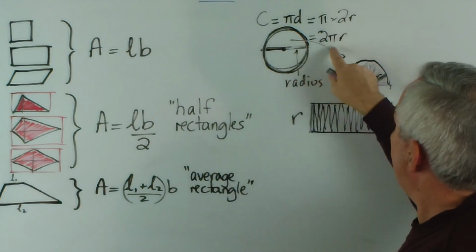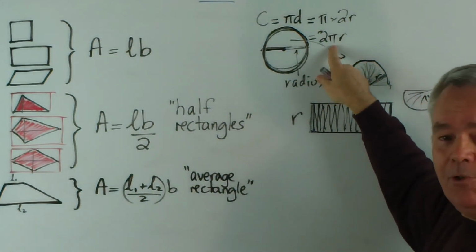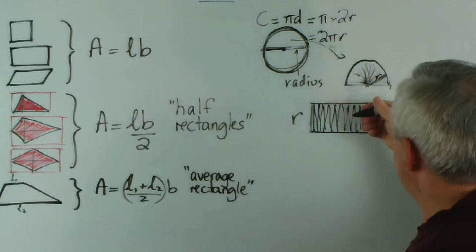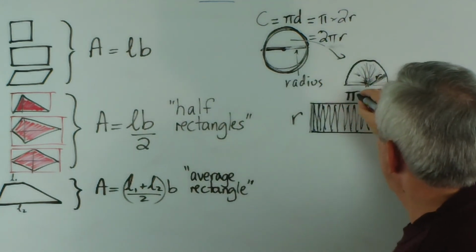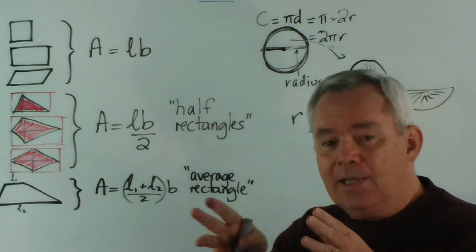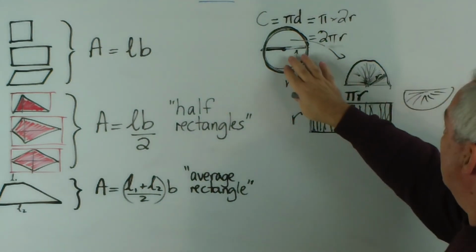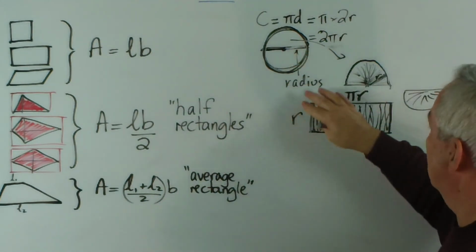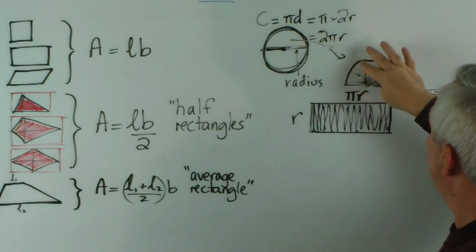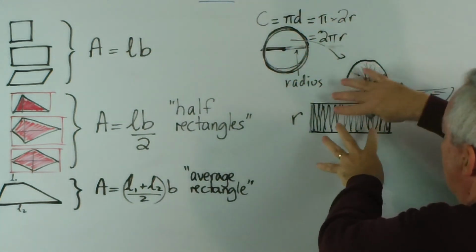So the distance around half the circle is half of 2 pi r. And what's half of 2 pi r? It's 1 pi r. So that is pi times r. So we've been able, with some very skillful cutting and a little bit of make-believe, or a bit of imagination more to the point, to convert our circle into 2 halves and then into a pretty decent rectangle.